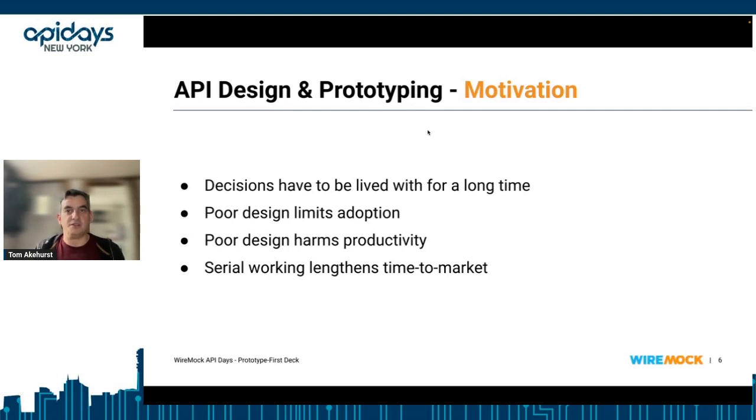We want to ship features as quickly as possible, but where there's an API in the middle, we tend to have this way of working where we have to build the API and get that to a good state, and then the consumers of the API, the mobile, web, data, whatever other services or apps are being built on top of that, the builders of those have to wait for the API to be built and shipped in some form before they can ship anything, and this creates an inefficient serial way of working between teams or between organizations.